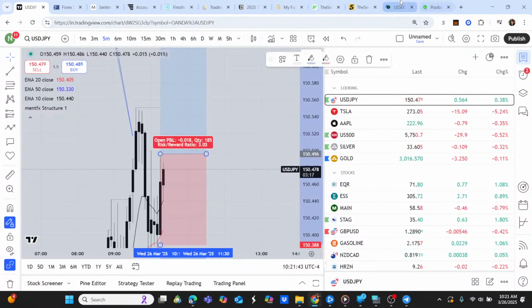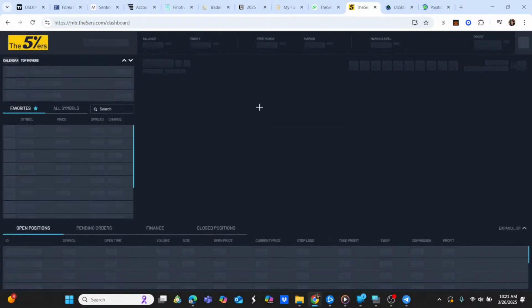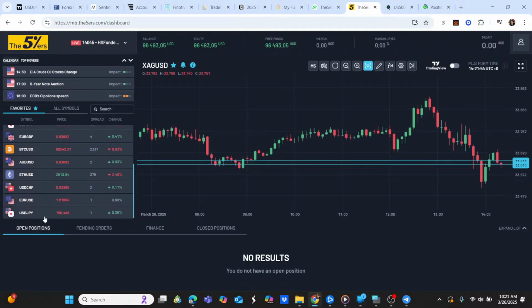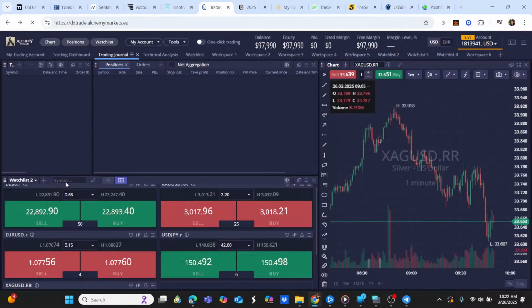What's the spreads looking like on my accounts? Let me see what the spreads are. USD JPY. There's not much spread.